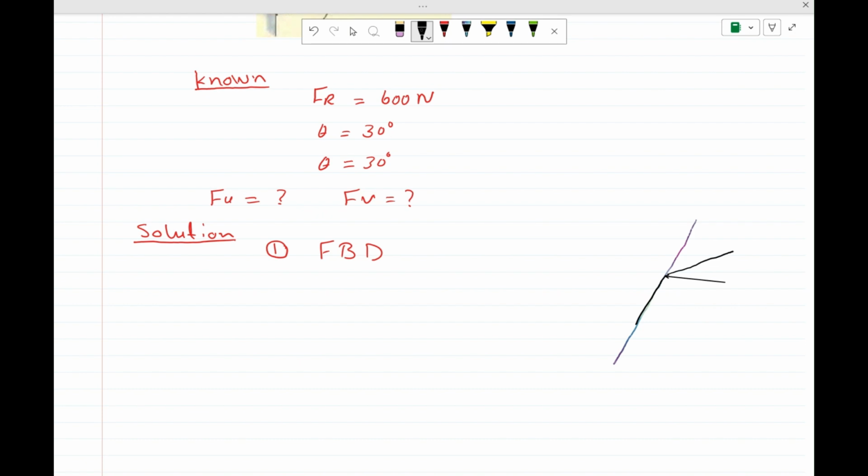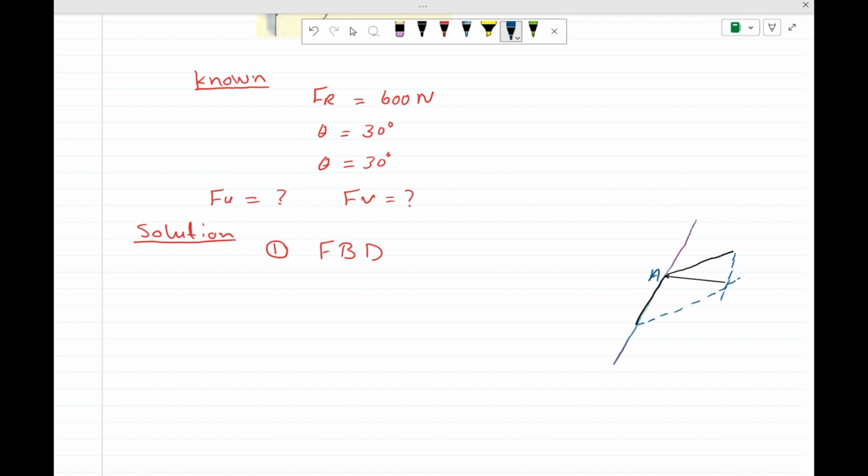Now in order to use the parallelogram law, we have to construct a parallelogram. So parallel to the Fu, we have to draw a line until it meets with the Fr. Same thing, parallel to the Fv, we have to draw a line until it crosses here at this point.